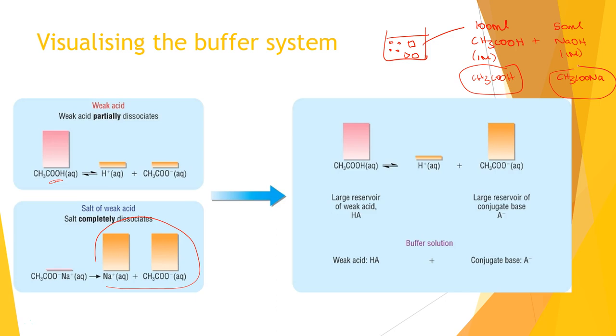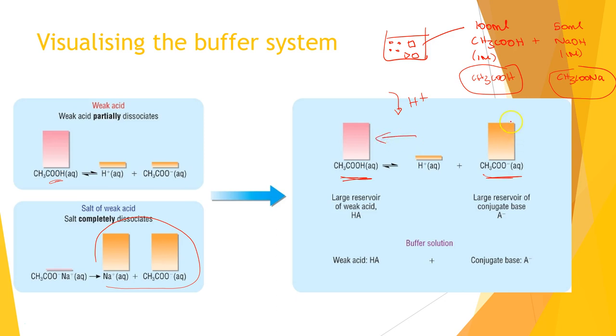And this would act as a buffer because now I will have an equimolar amount of the salt and an equimolar amount of the acid. So what this means is if I was to add in H+ to this system, which would put the system under stress in terms of equilibrium position, the system would then move to the left.